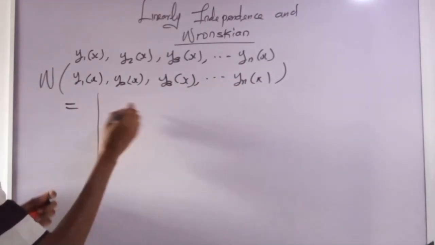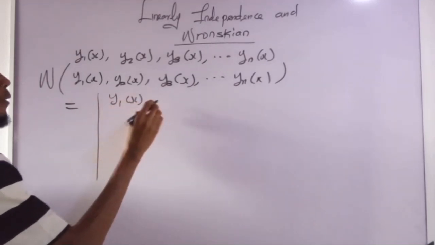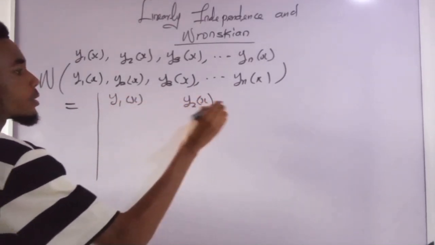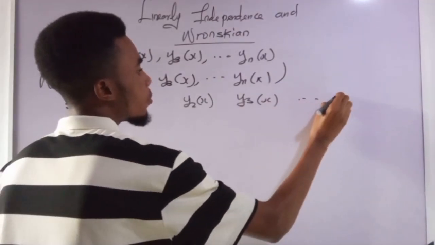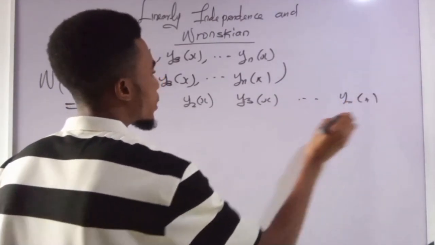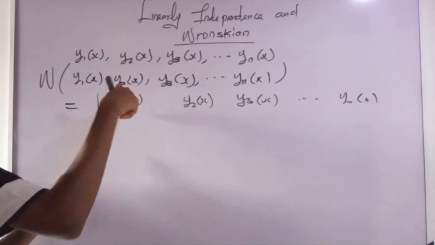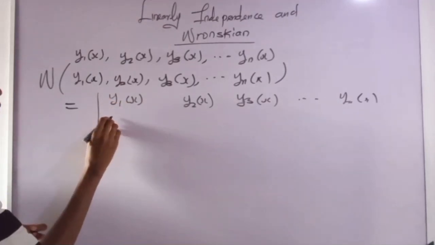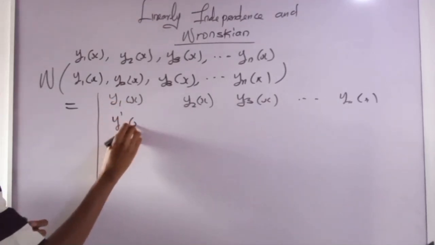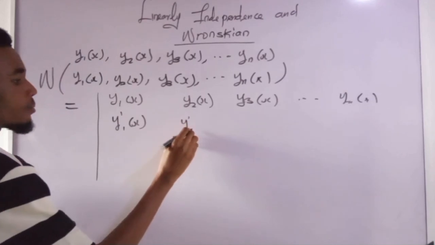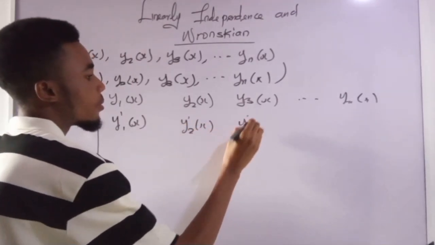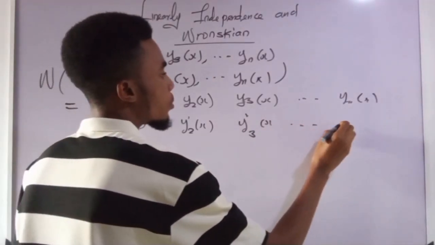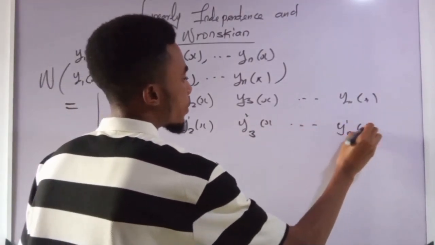I have a very long matrix: y1 of x, y2 of x, y3 of x, down to yn of x. So this is going to take the first derivative of y1 of x, which is y1 prime of x, y2 prime of x, y3 prime of x, down to yn prime of x.